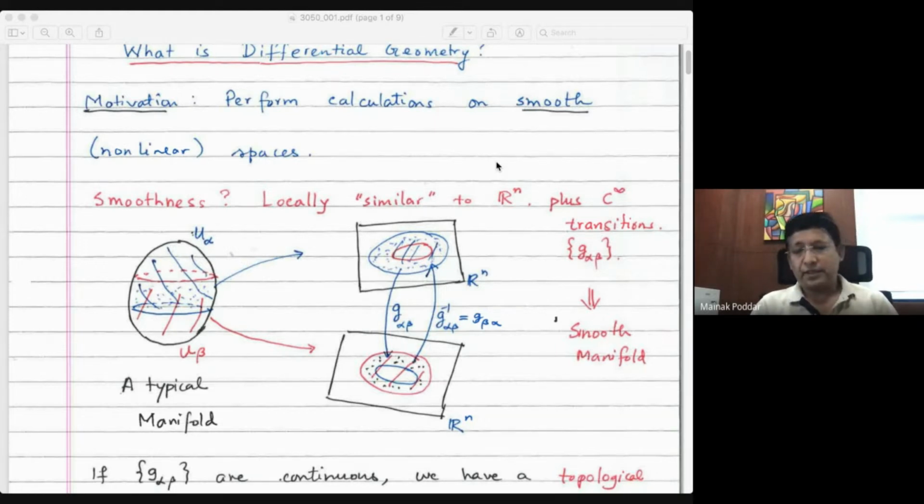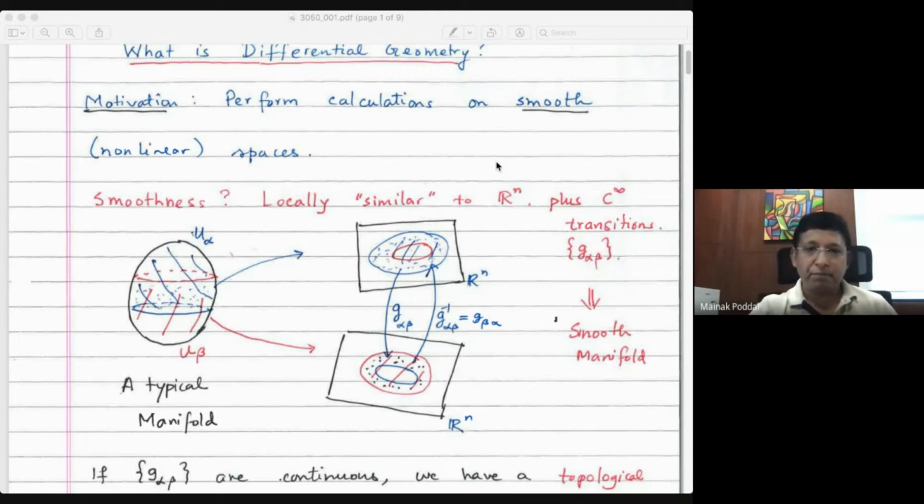Roughly, one can say that all derivatives of all orders exist and are continuous. Essentially, here we can assume our functions to be C infinity on neighborhoods. So this characterization would be fine for us.